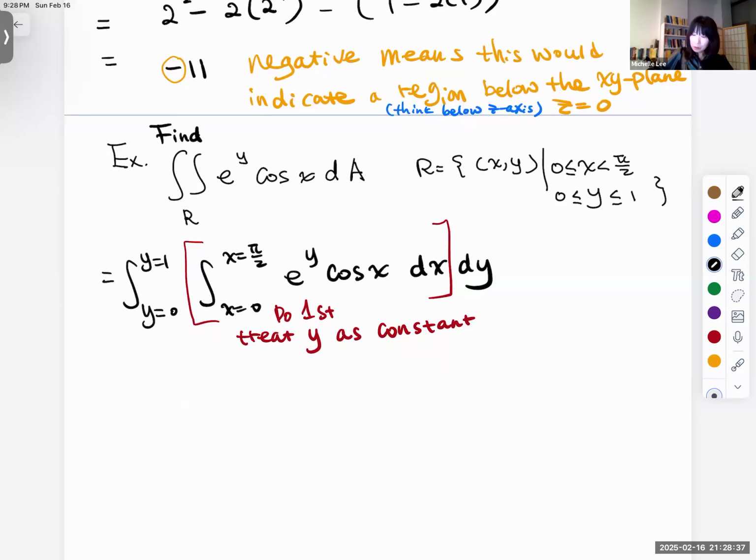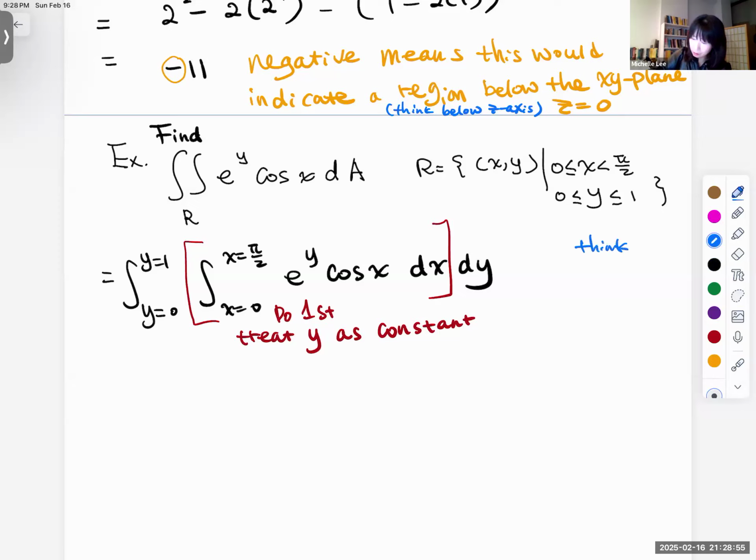Okay, what's the integral of cosine then? Antiderivative. Yeah, so think about that. Antiderivative.